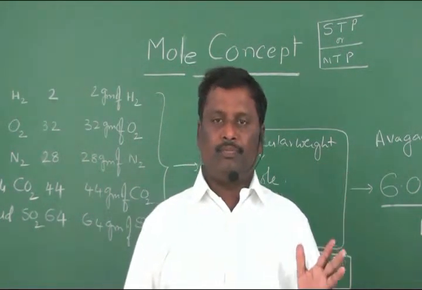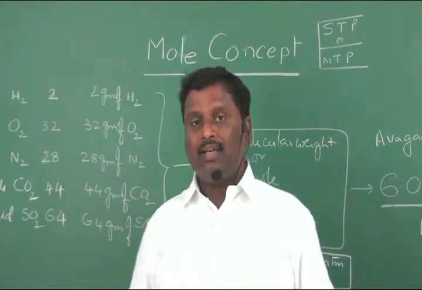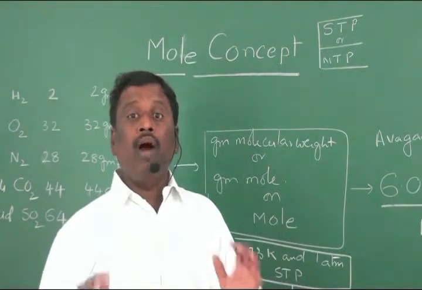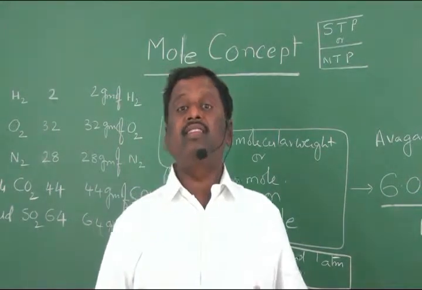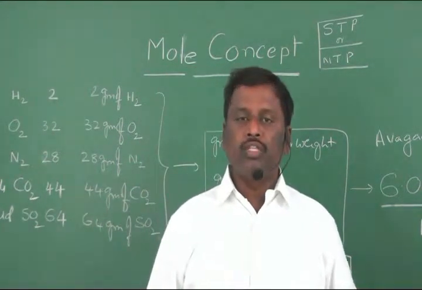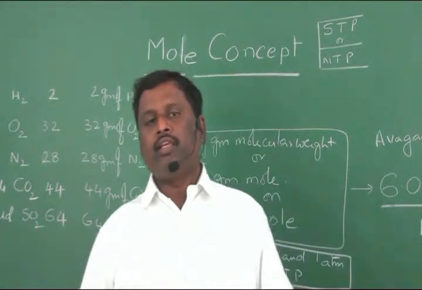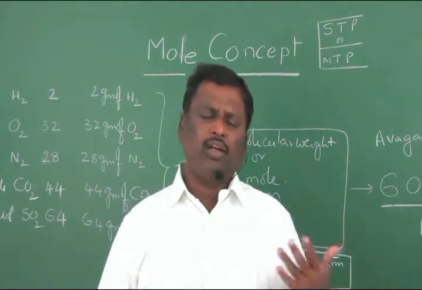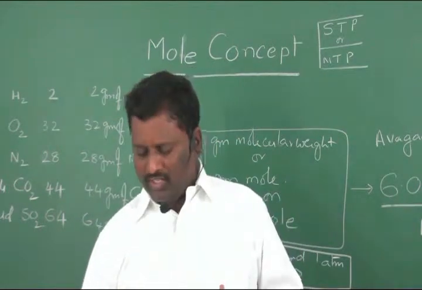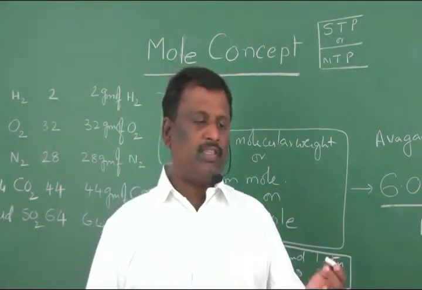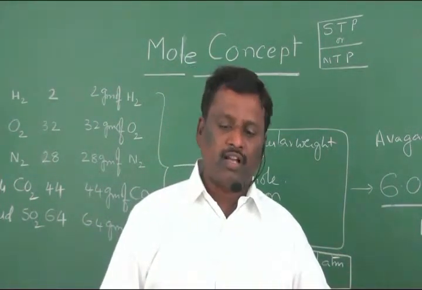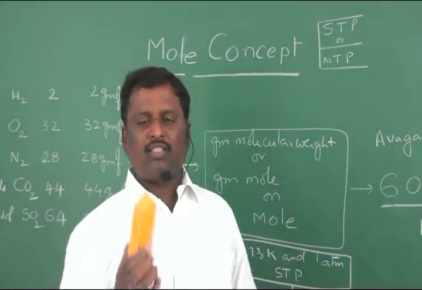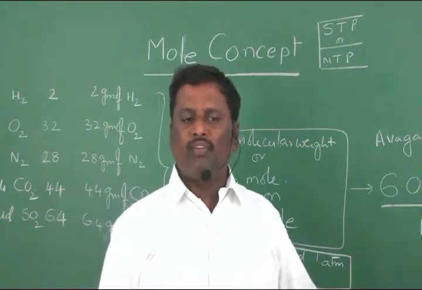Mole concept. So the term mole means a quantity of substance that consists of 6.023 into 10 to the power 23 structural units. If it is molecules, we call it 1 mole of molecules. If that number of chalk pieces are present, we may say 1 mole of chalk pieces. If that number of dusters are there, we can say 1 mole of dusters.